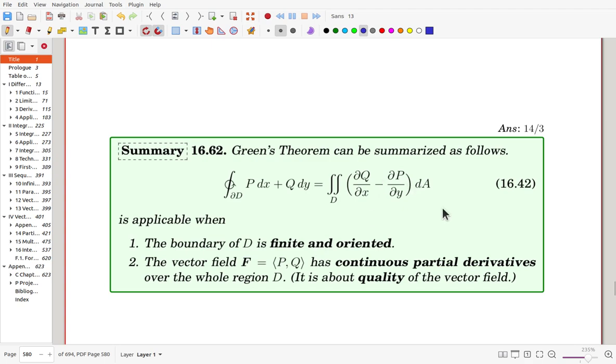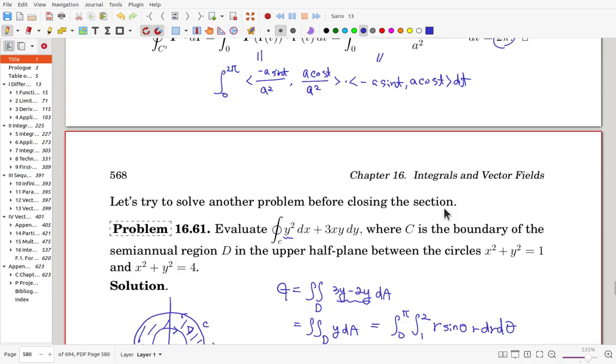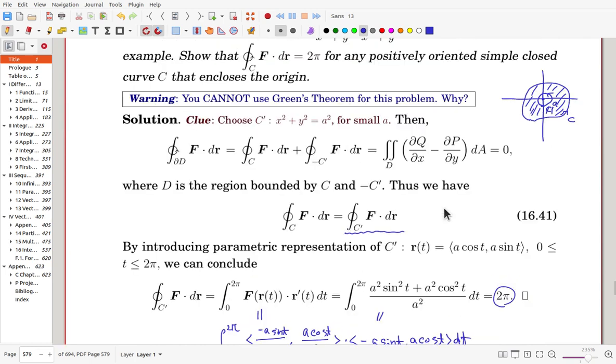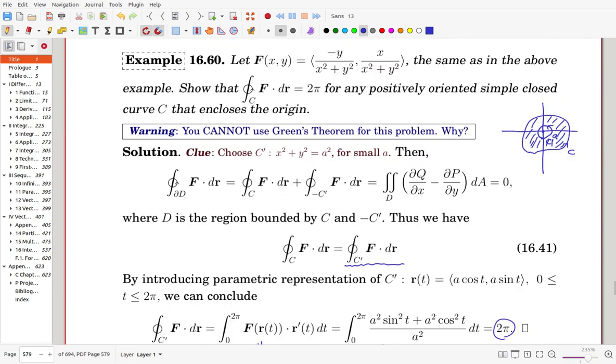Okay, let's go back to the problem here. If you are considering only the curve or closed curve enclosing the origin, and we try to exclude only this one point, think of the figure again.